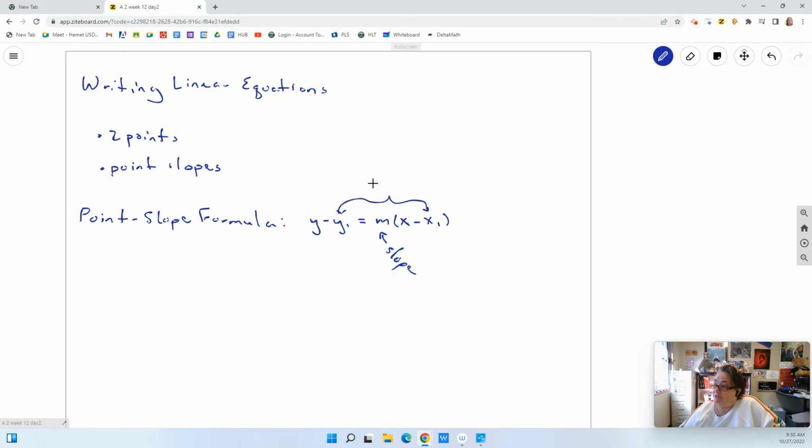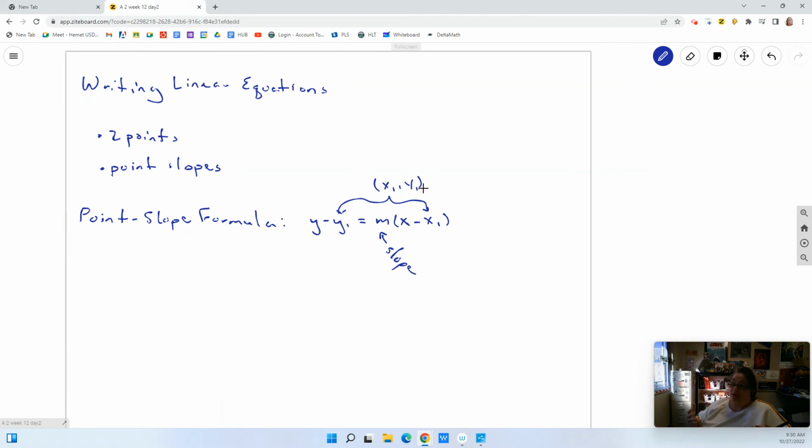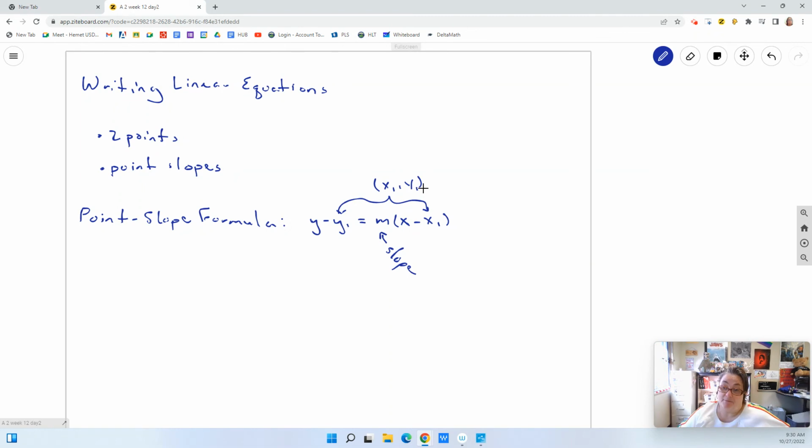We get those coordinate points where we have an x value and a y value that we can graph. Well, our x1, y1 is just what we're calling any point we want that's on that graph. And all we have to do if we have a point and a slope is plug it into this formula, right? And when we solve it out, we will have that y equals mx plus b form. So we'll have written the equation of the line.